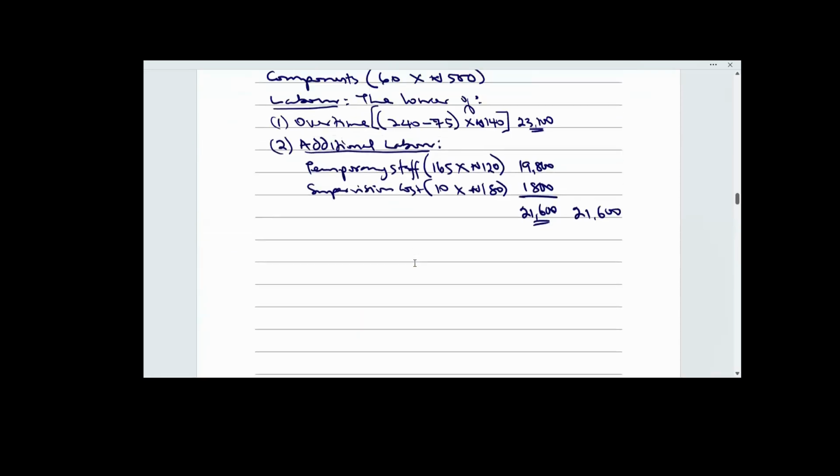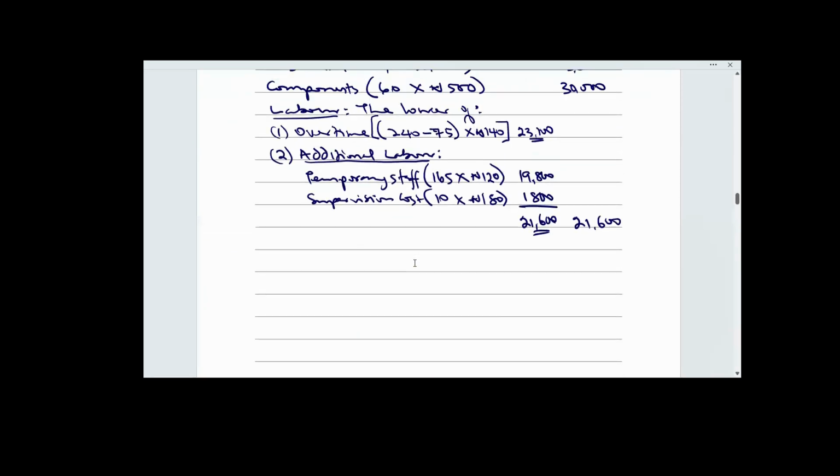So, machine. Under the machine, we need 25 hours at 70 naira. So what do you have there? 1,750. That's that. Okay.